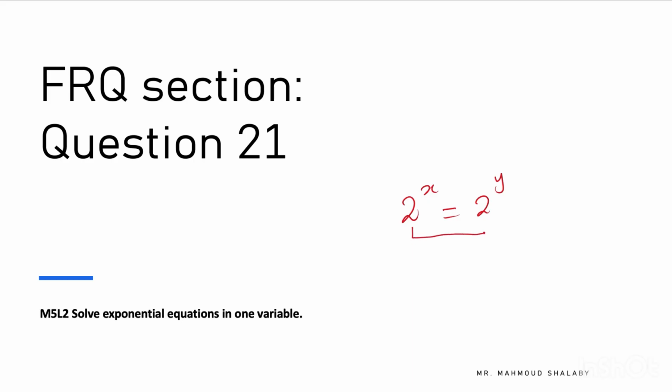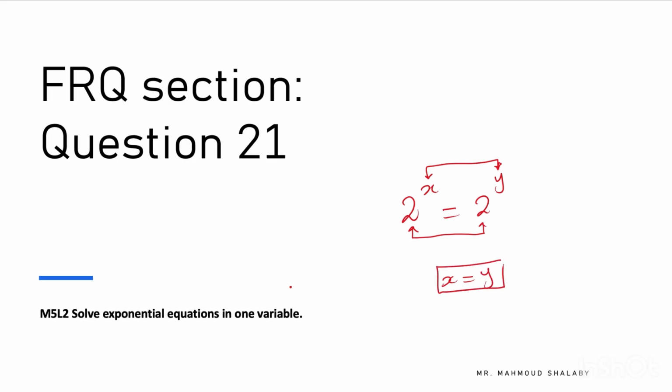So I will look at the bases here. The base here is 2 and the base on the other side is 2. So if the base is equal, to make this equation correct, the exponent must equal the exponent. So if the base equals the base, the exponent equals the exponent. So in this case, I can say that x equals y.